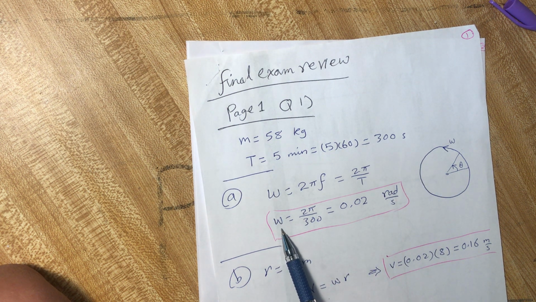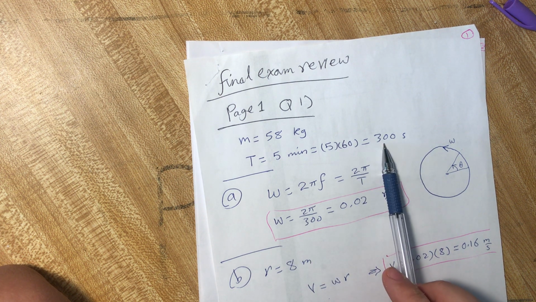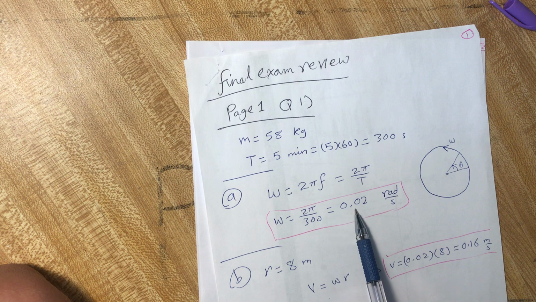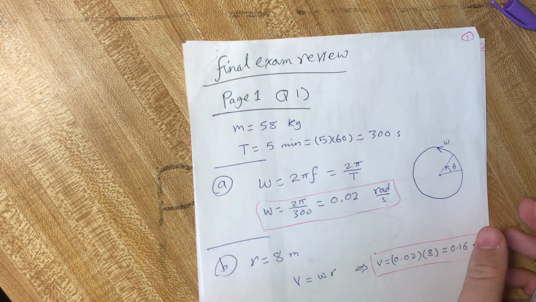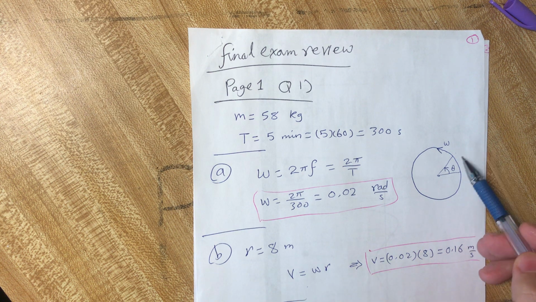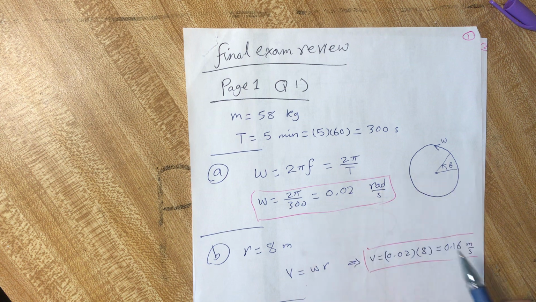So the angular velocity is 2 pi over the period, which is 300, then it will be 0.02 radians per second. So the angular velocity is this value.